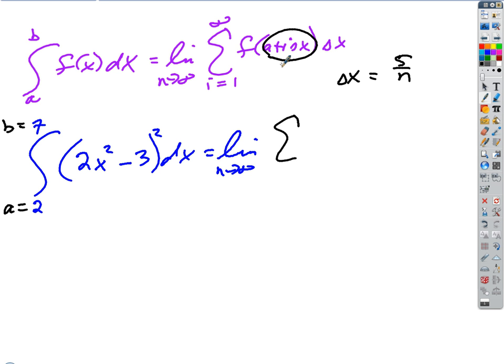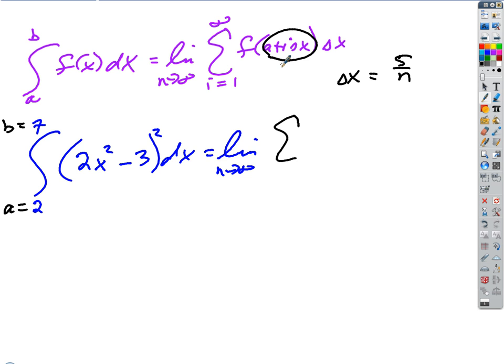If f of x is the quantity 2x squared minus 3 squared, what's f of a? 2a squared minus 3 quantity squared. What's f of z? 2z squared minus 3 quantity squared. What's f of x sub i? 2 x sub i squared minus 3 quantity squared.